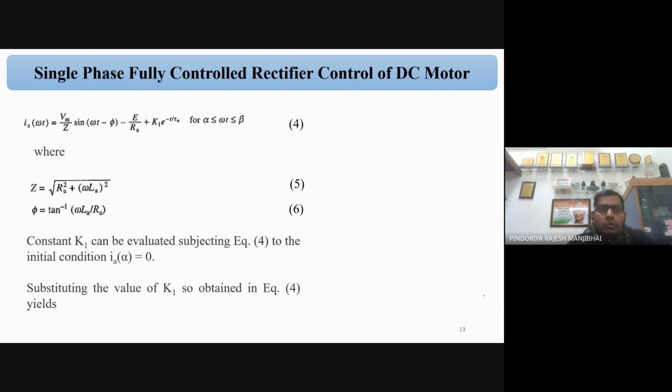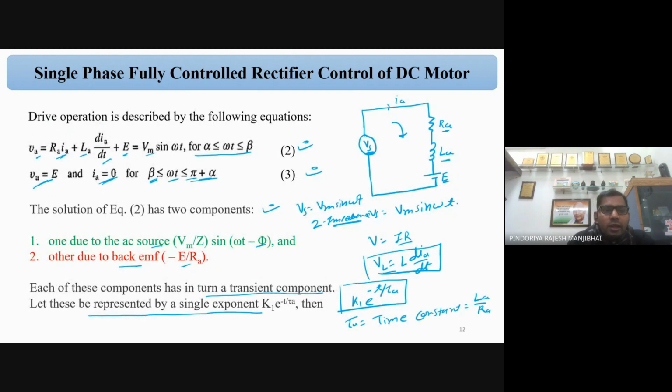Yes. So again, we can rewrite the equation. In the previous equation you can see VA equal to RA into IA plus L di by dt plus E. So we can rewrite the equation as per the two components: Vm by Z sine omega t minus phi, and the second component, minus E by RA.